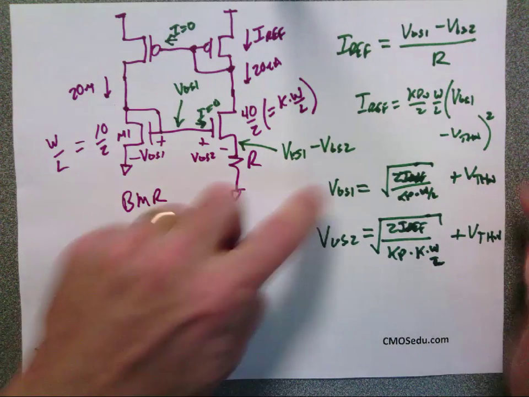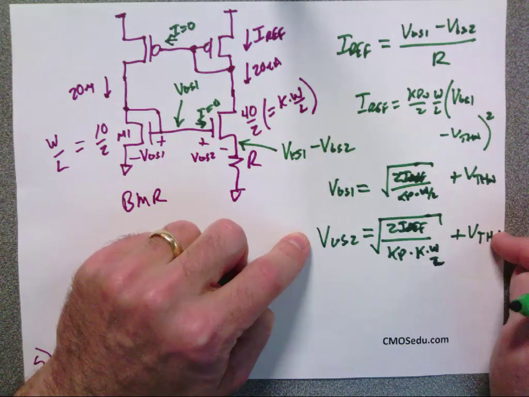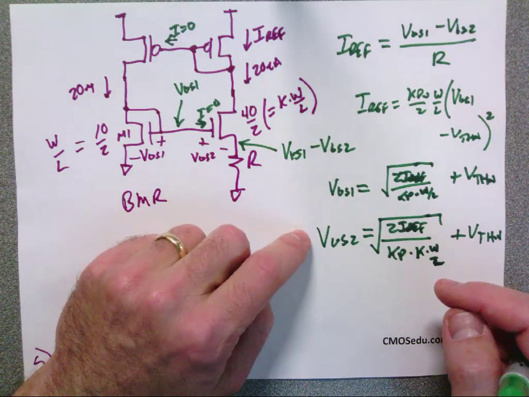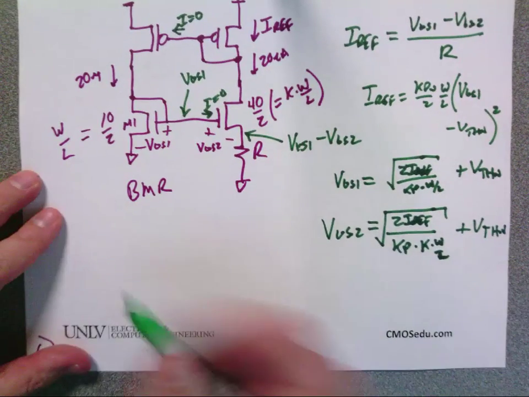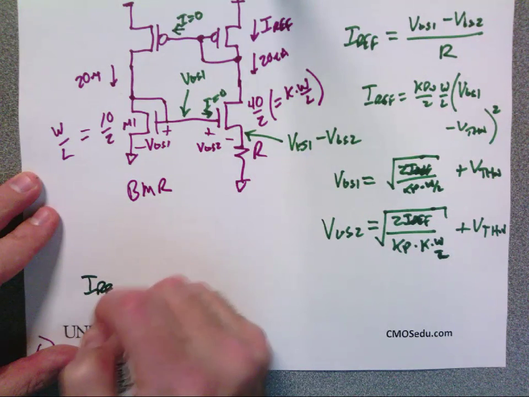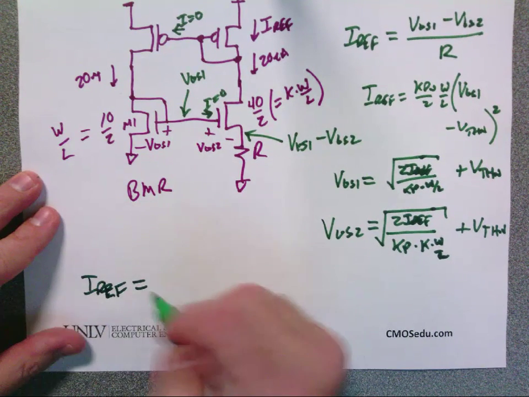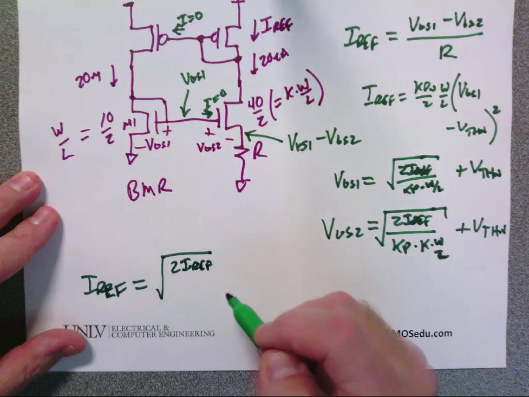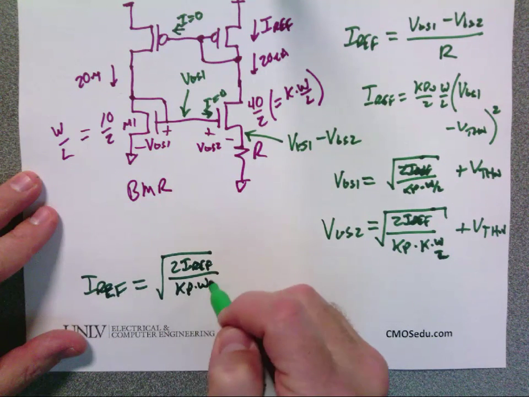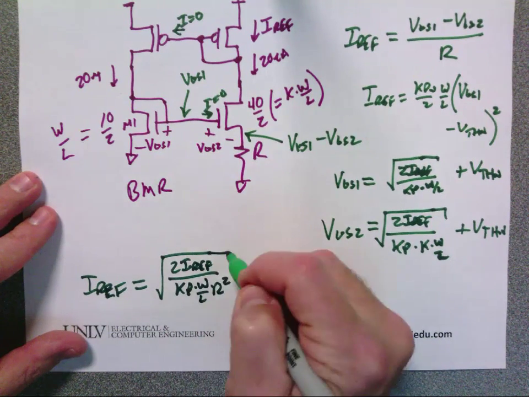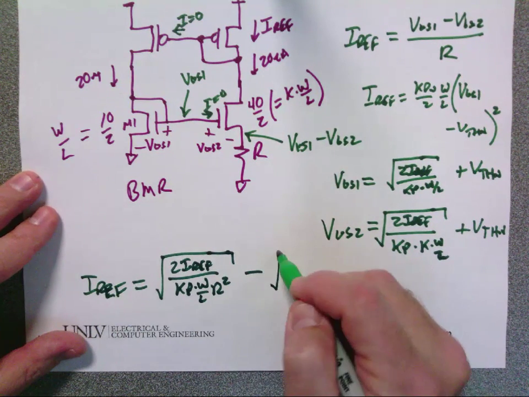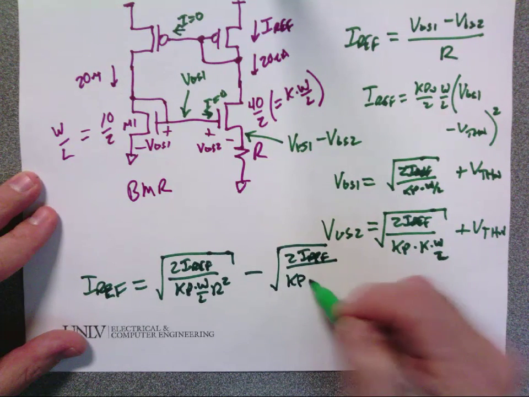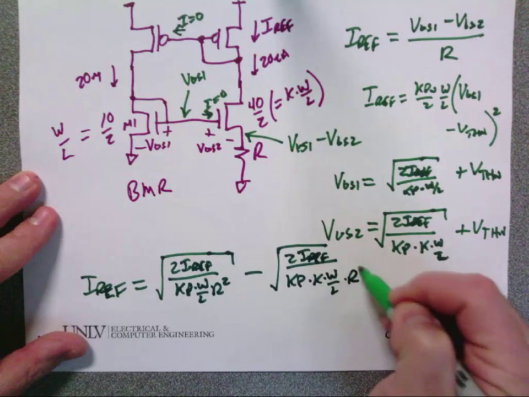Okay, when I take the difference of VGS1 with VGS2, what happens to the threshold voltages? They cancel, right? Now, so I could write Iref, I'm going to do a little trickery here, is equal to the square root of 2 Iref divided by Kp times W over L times R squared, minus the square root of 2 Iref over Kp times K times W over L times R squared.